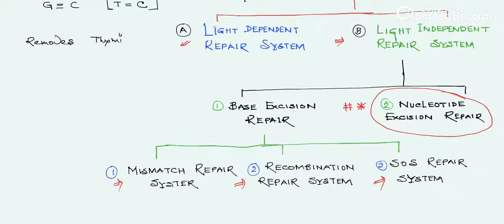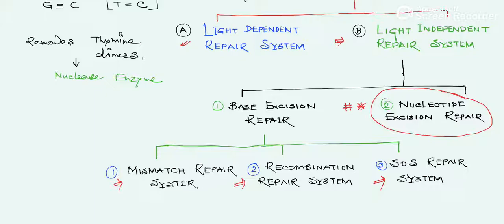I have already shown thymine dimers in the upper part of the board. In nucleotide excision repair, an enzyme works, that is nuclease. Nuclease is the enzyme that mainly works in this process.